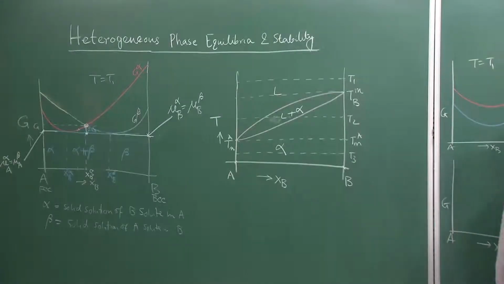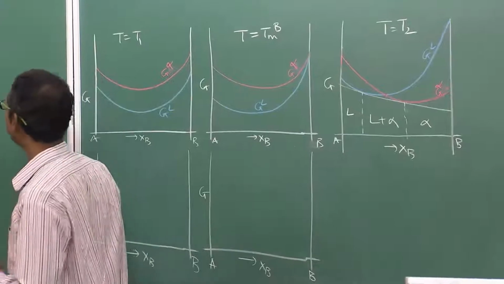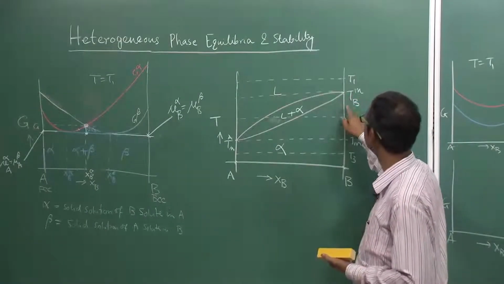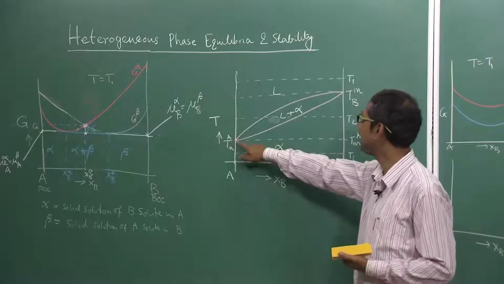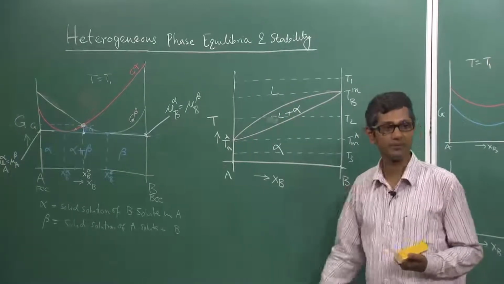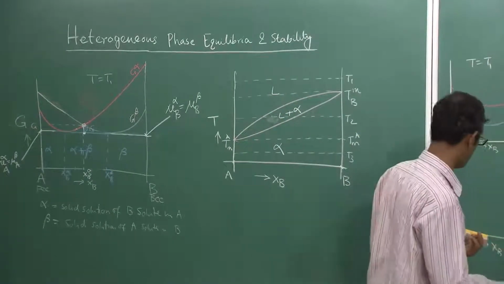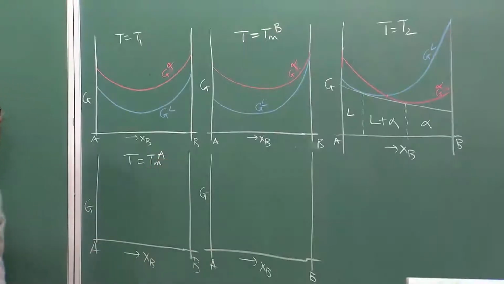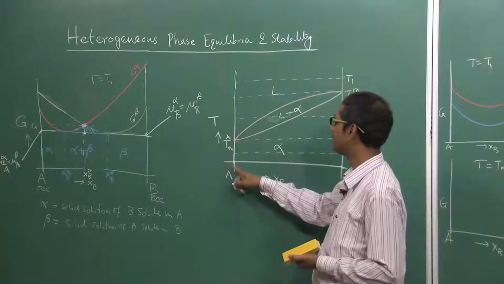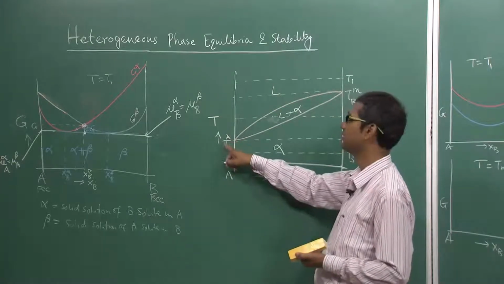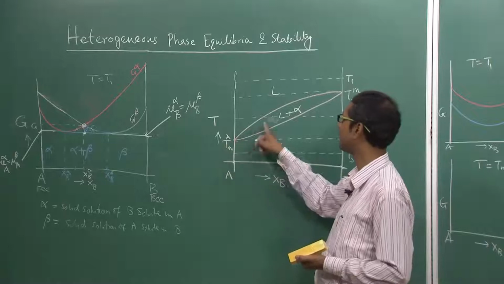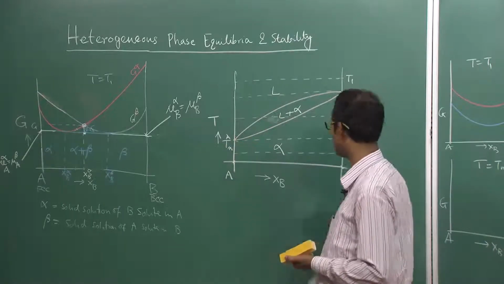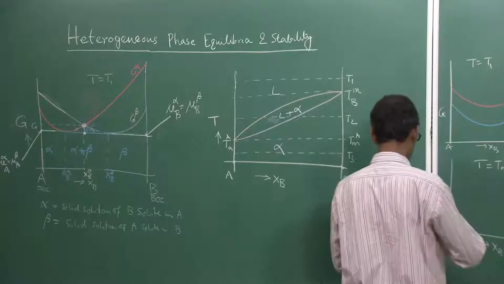So that means it very clearly says that in the temperature regime between Tmb and Tma, these two phase mixture will be stable. We will draw first the Tma, then it will be much clearer. So at T equal to Tma, if I draw the free energy curves, you can clearly see alpha is stable all throughout except that at the A end both liquid and alpha, the liquidus and solidus curves, are meeting. So let me just draw it.